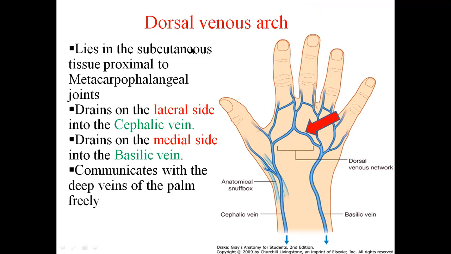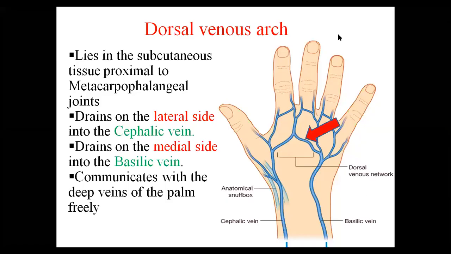Then the dorsal venous arch lies in subcutaneous tissue proximal to the metacarpophalangeal joint.